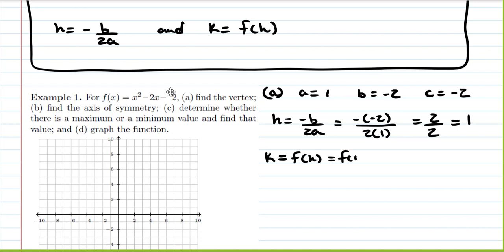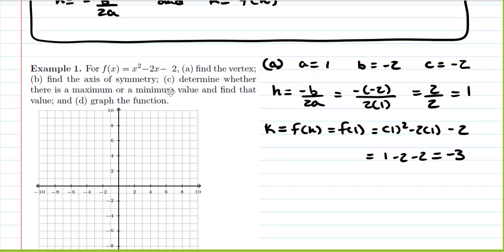So in this case, that's f of 1. So that's going to give us 1 squared minus 2 times 1 minus 2. So 1 minus 2 minus 2 gives us negative 3. So the vertex is located at the point h comma k, which in this case is 1 and negative 3.